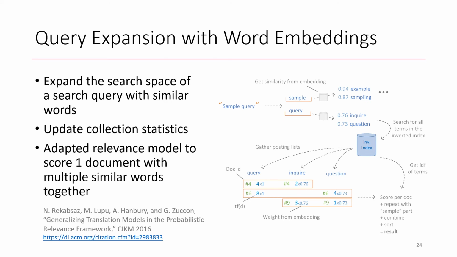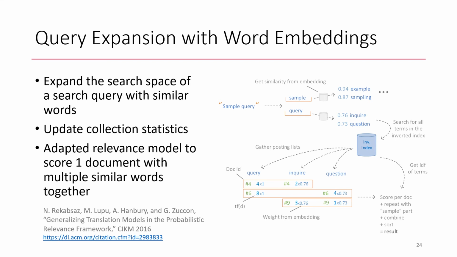And in this work from our group from 2016, mind you, that's a couple of years old, we updated collection statistics and adapted the relevance model to score a single document with multiple similar words together, so that the words keep the connection between the original query and the similar words that have been expanded.